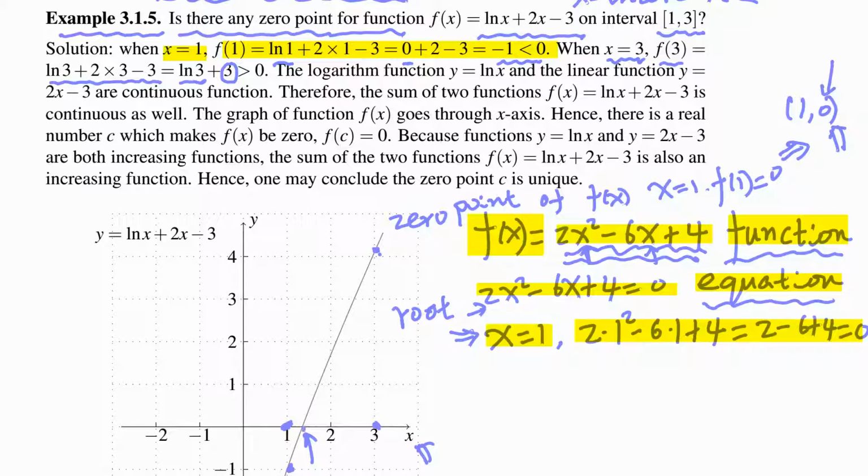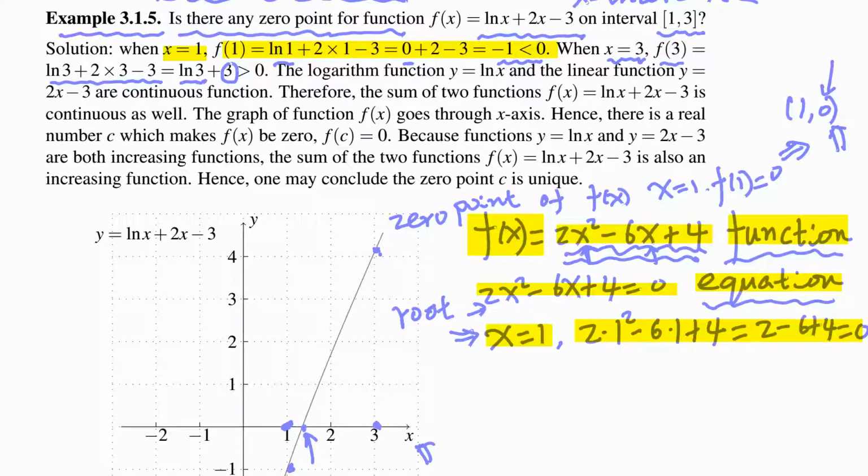Then we can claim there is a root for the equation, or we may claim there is a 0 point for the function f of x equals natural log x plus 2x minus 3.